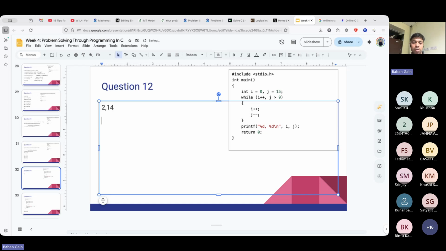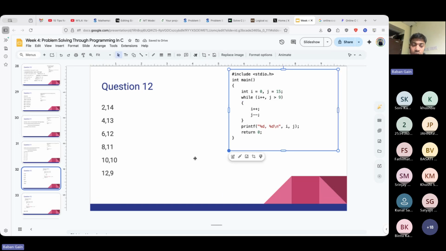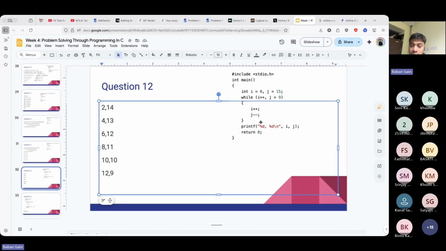And then it will be 4, 13, 6, 12, 8, 11, 10, 10. After becoming 10, 10, it will be 12, 9. So this will happen. After that, 12, 9 is there at the end.